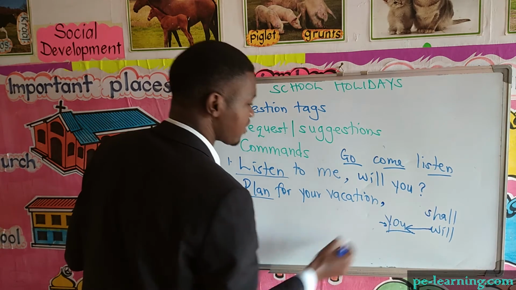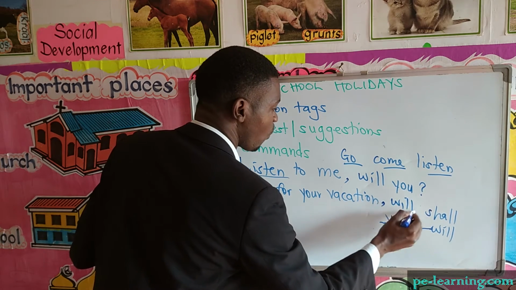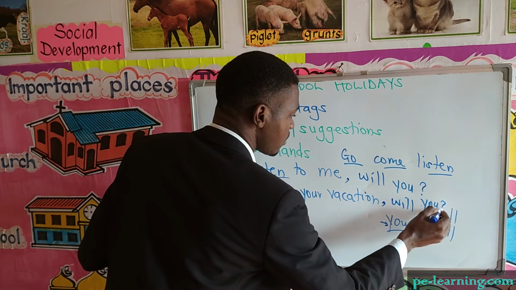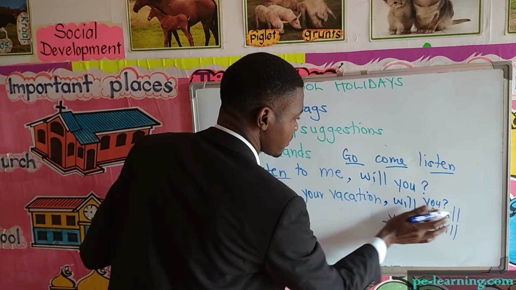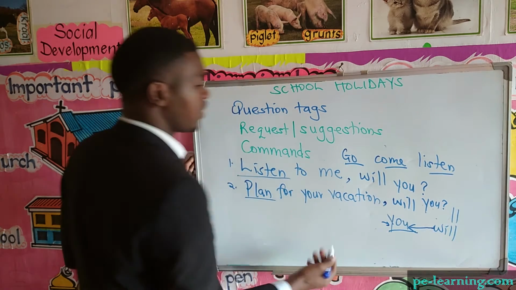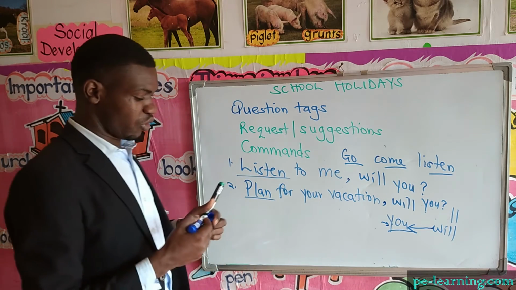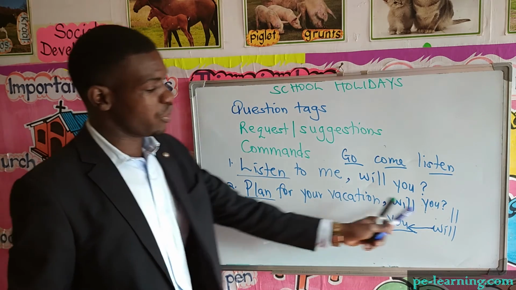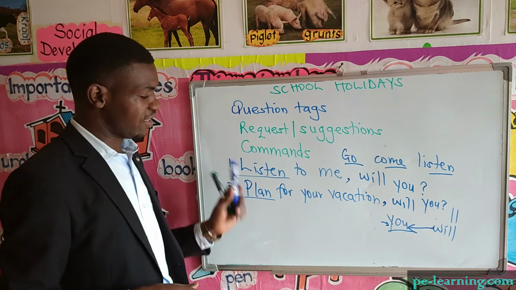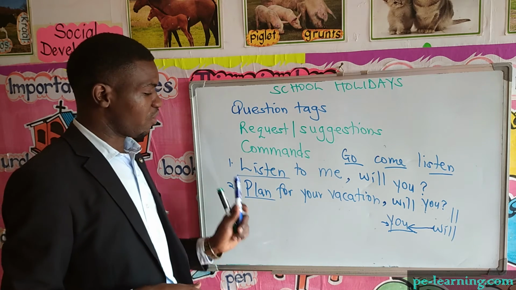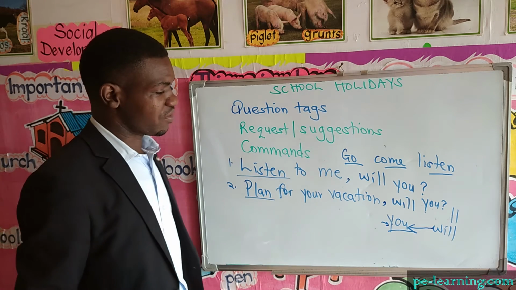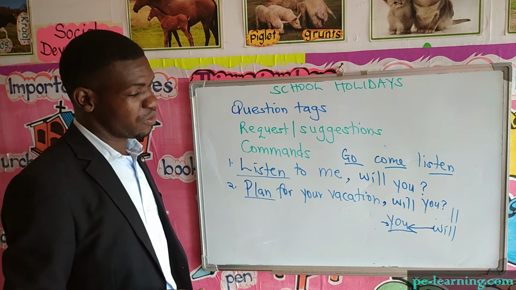The question tag still will be, will you? It should not confuse you. Plan for your vacation, will you? We are using will you because we are talking to the second person. The speaker will be addressing the second person. So I hope you remember.